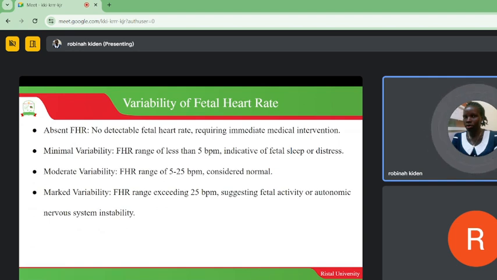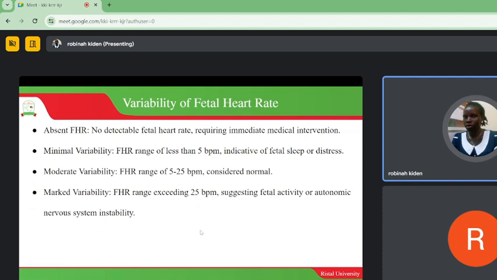Then marked variability, fetal heart rate range exceeding 25 beats per minute. This suggests fetal activity or autonomic nervous system instability. So there is something wrong if the difference exceeds 25 beats per minute.